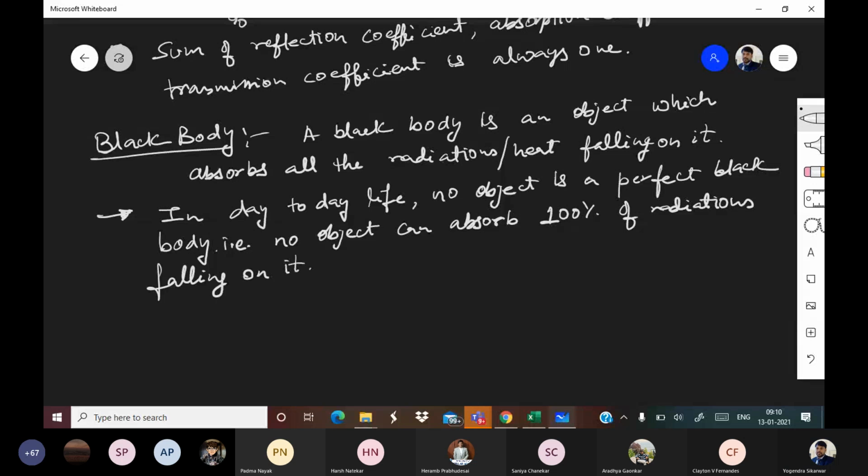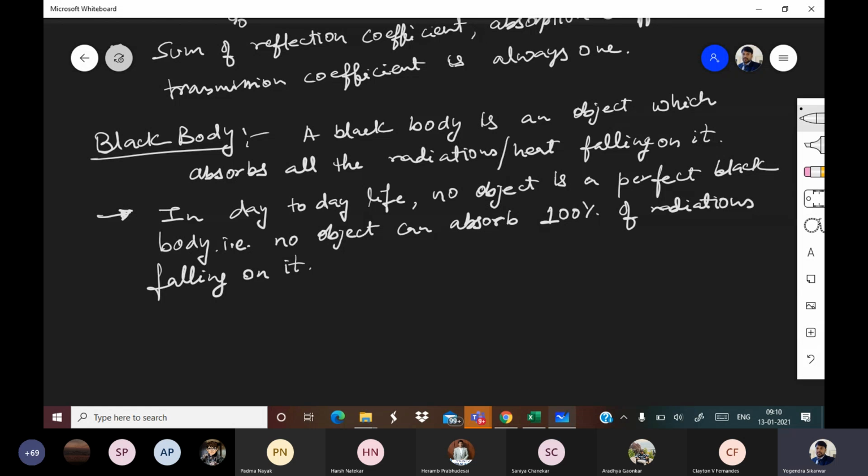Okay. You know why? What is the reason for this? Suppose an object is not reflecting the heat. Light is also a form of heat. If an object is not reflecting the heat, or you can say light, you won't be able to see that object.